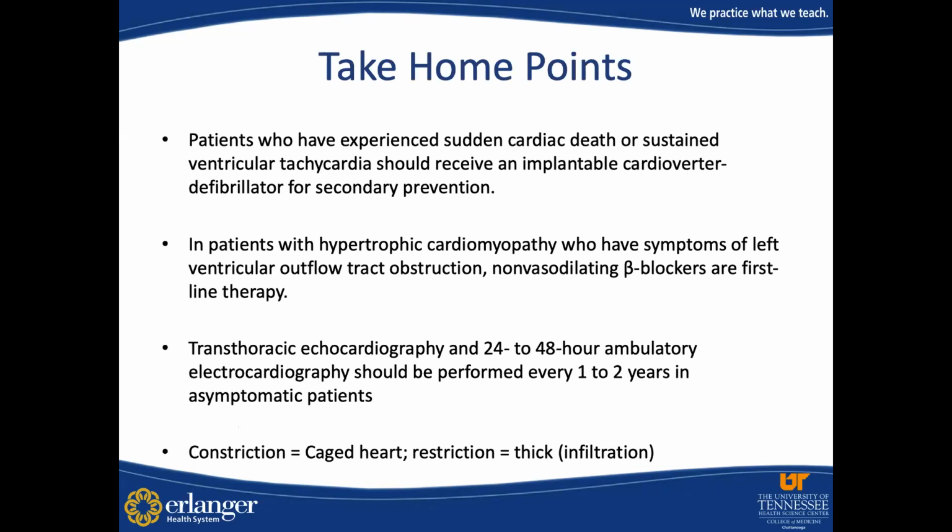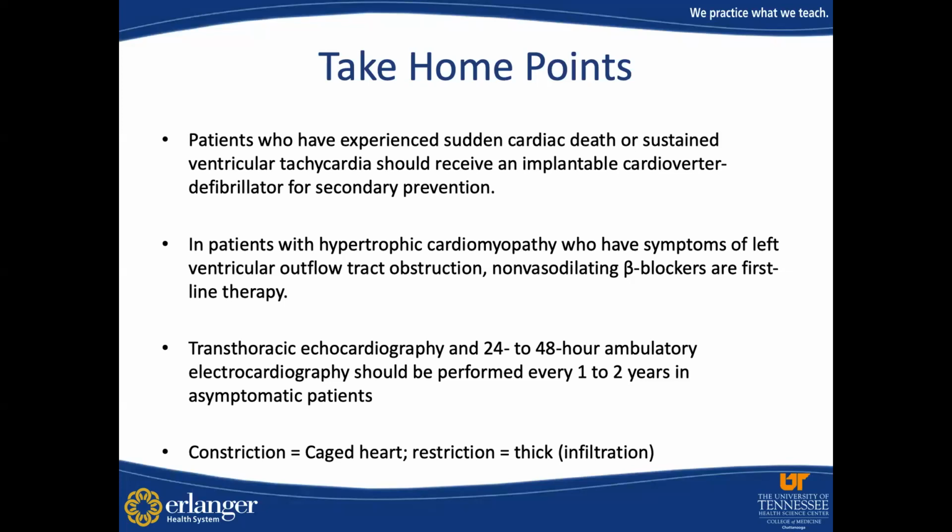So, take home points. Sudden cardiac death or sustained ventricular tachycardias always need an implantable cardioverter defibrillator for secondary prevention. If you have a patient with hypertrophic cardiomyopathy who has symptoms and you're worried about outflow tract obstruction, start with a non-vasodilating beta blocker, so metoprolol.